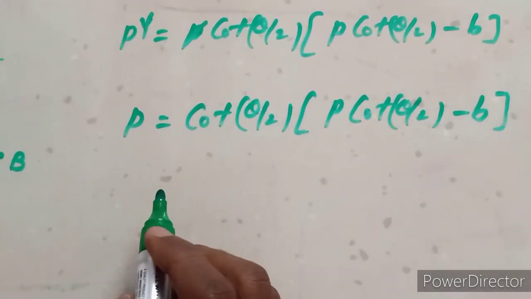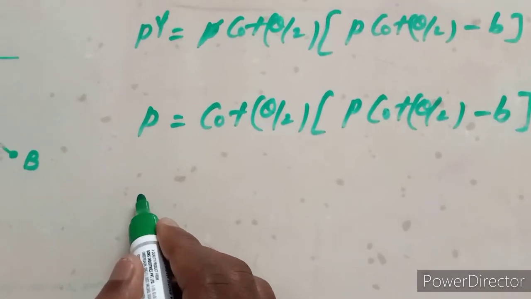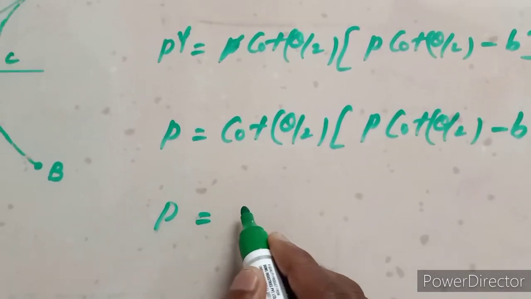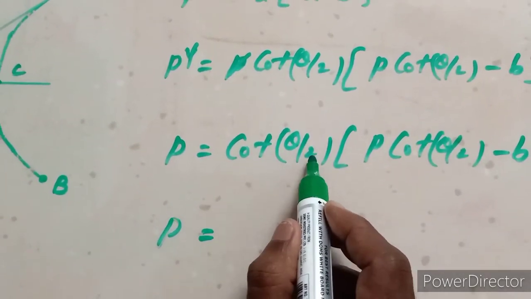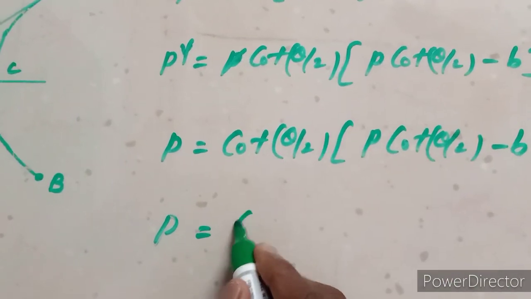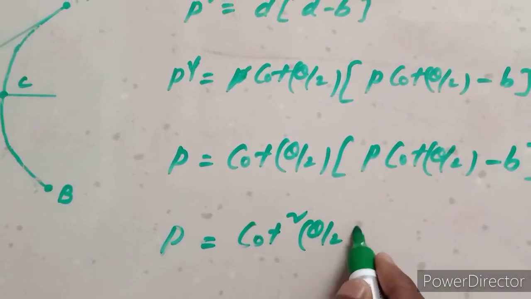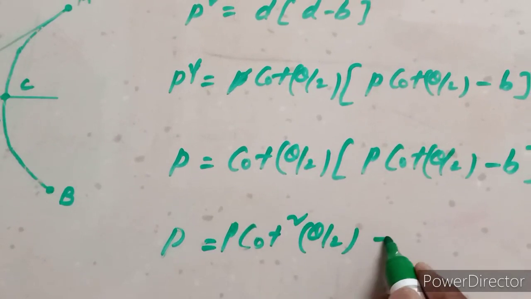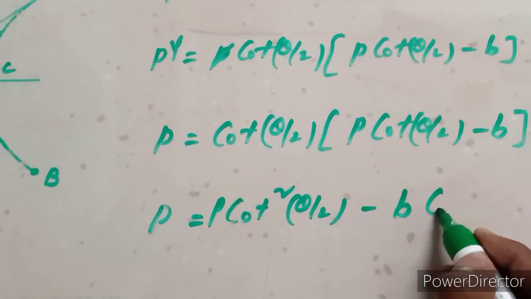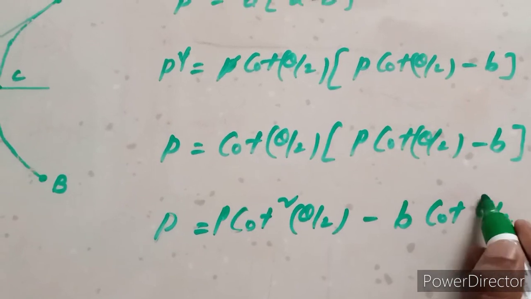Okay, then P equals cot square theta upon 2 into P minus B cot theta upon 2.